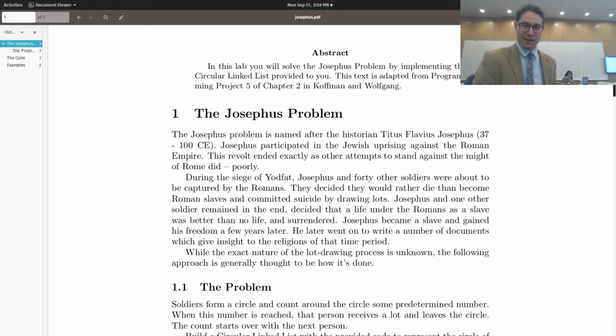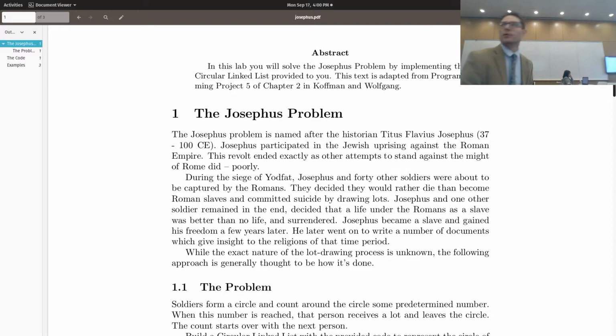So anyway, he became a war band leader, and he was on the losing end of one of those last battles. Him and the other soldiers decided that rather than being captured and taken as Roman slaves, they would commit mass suicide instead.